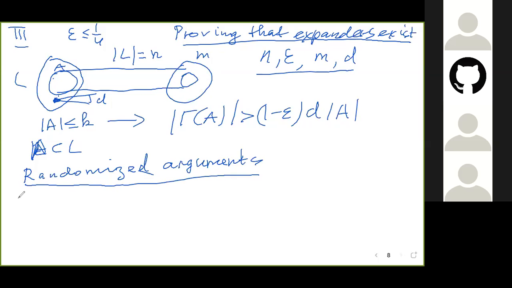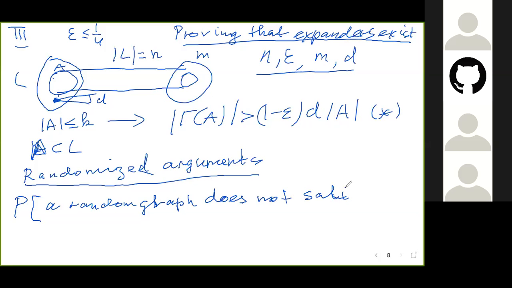So we need to upper bound the probability that a random graph doesn't satisfy this expanding property. And we will show that it is less than 1, assuming a certain relationship between parameters. So to show this, let's upper bound this probability as follows.